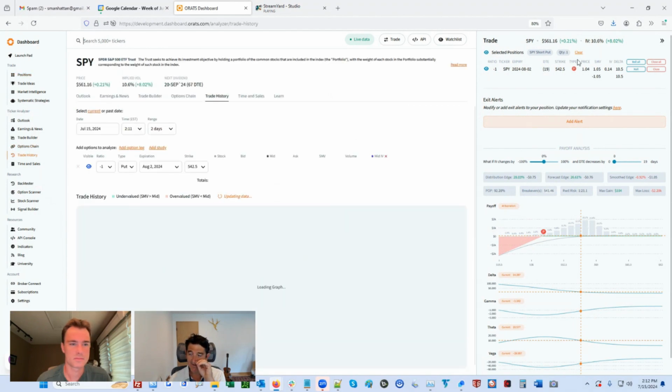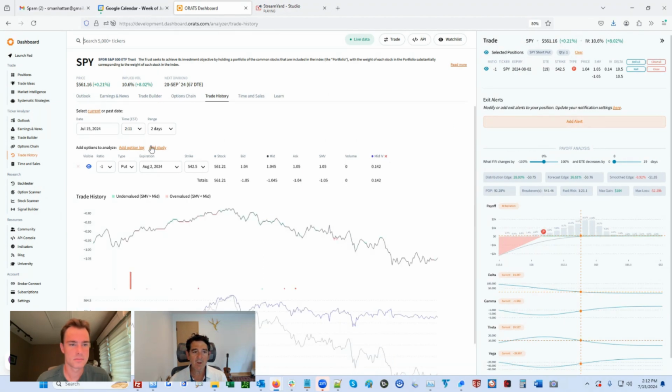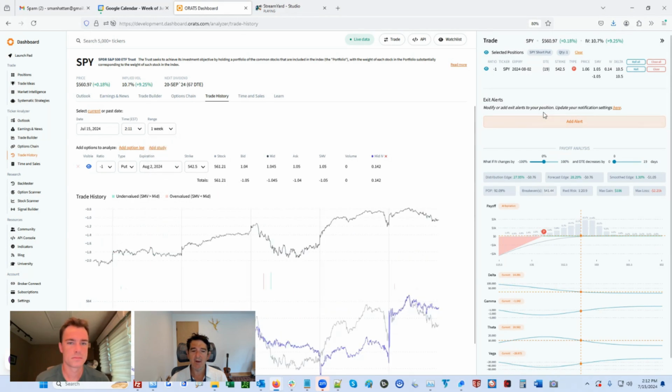So anyway, speaking of looking at the trade history, here's the trade history. This is from the last week, and right now the put is $1, but it was down to 70 cents, and it was up to $1.88.